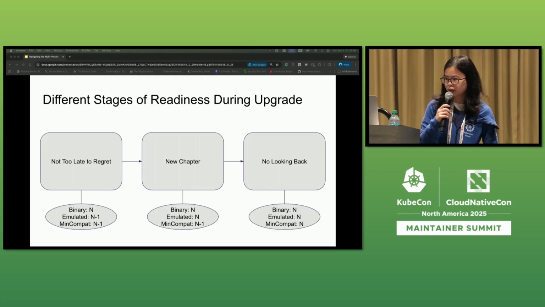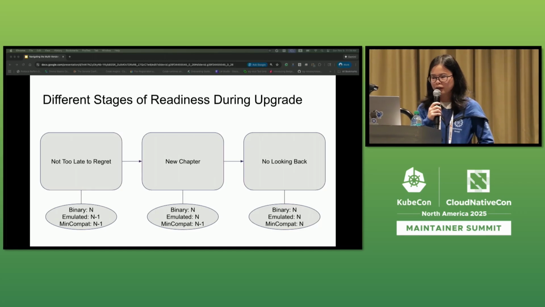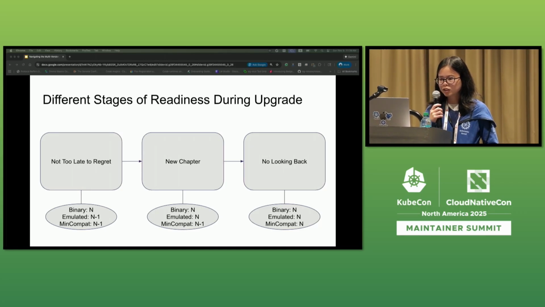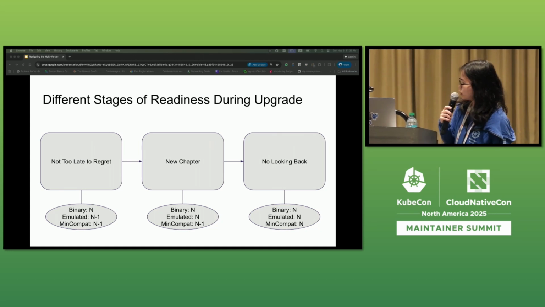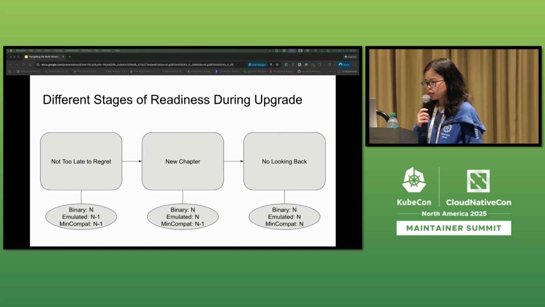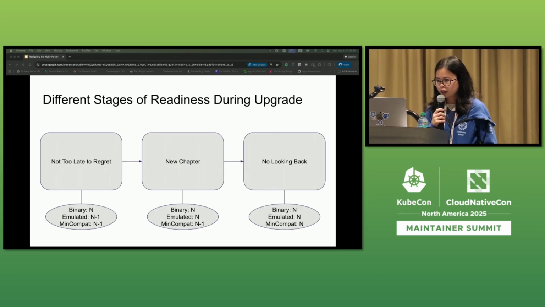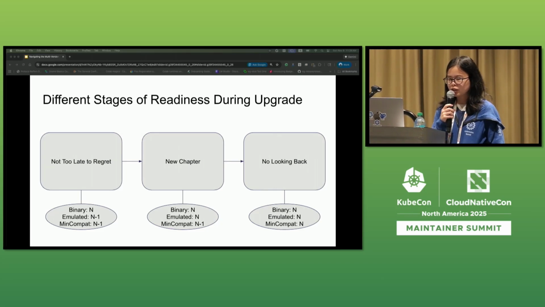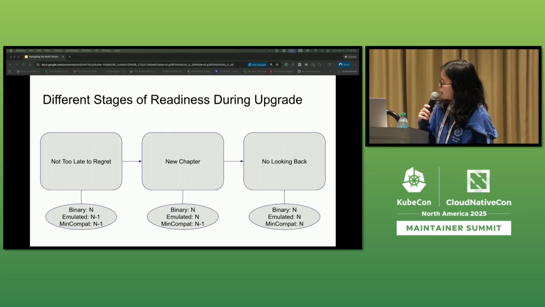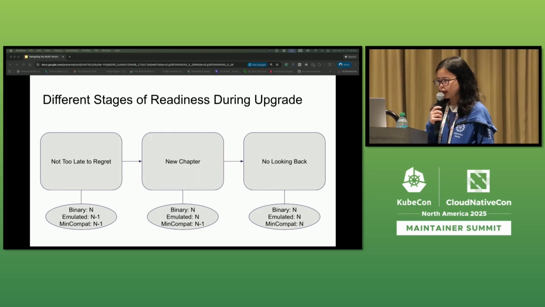In the first step, you just upgrade your control plane binaries without changing the emulated version or min compat version. They stay at n-1. So after this step, you have just changed the underlying binary without changing the behavior of the control plane.